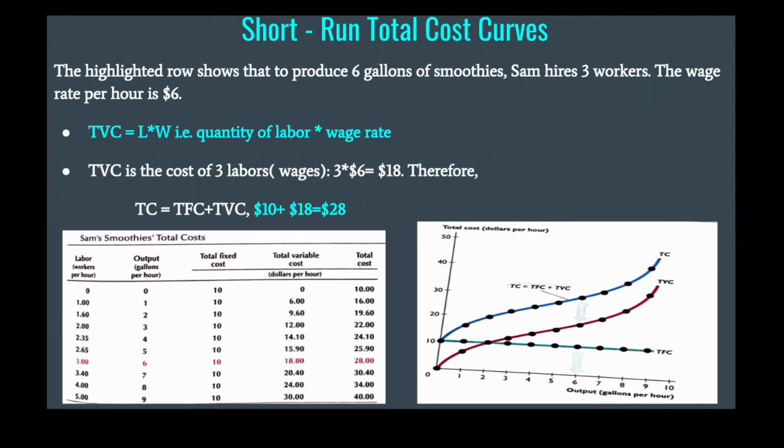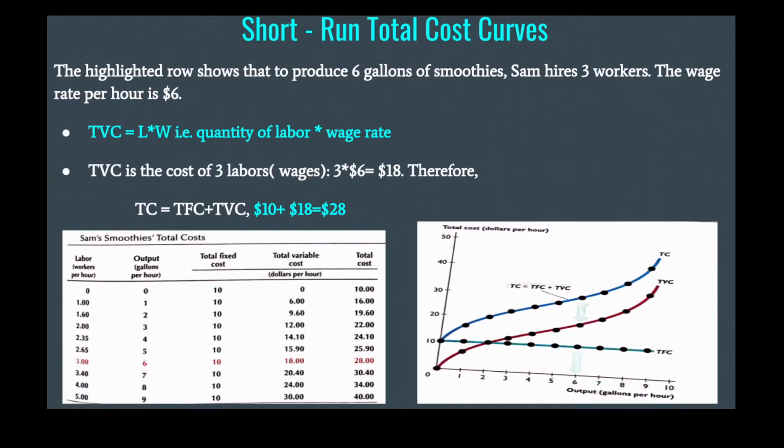The table shows the Sam's Smoothies total cost, in which there is a total fixed cost of $10 and total variable cost is calculated, and total fixed cost plus total variable cost gives the total cost. The row highlighted in red shows that to produce 6 gallons of smoothies, Sam hires 3 workers. The wage rate per hour is $6.